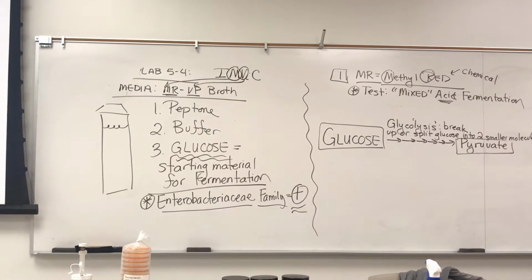So once the glucose is split into two, you end up with technically two pyruvates. Then depending on what pathway the bacteria wants to take, we've mentioned respiration as one option, fermentation is the other. So for mixed acid fermentation, what'll happen is the bacteria will have to have some enzymes here.